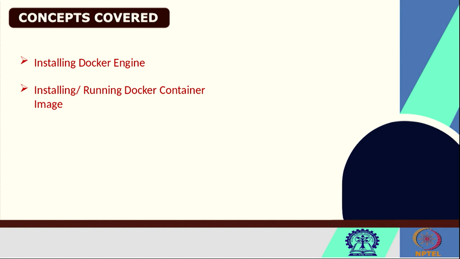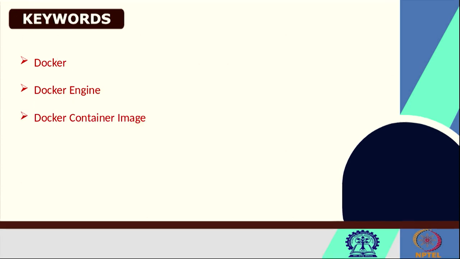If you remember the basic architecture we discussed, for running a Docker image you need a Docker engine installed on your system. If it is installed, ideally you do not have to do anything else when you have any Docker image. So, typical keywords as usual: the Docker engine and Docker container image.